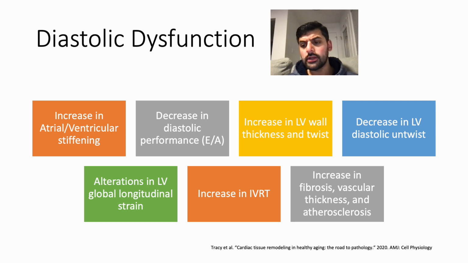As you age, you end up getting too much stiffness, and that could lead to a reduction in this recoil effect. And of course, it leads to more problems with filling up the heart with blood.